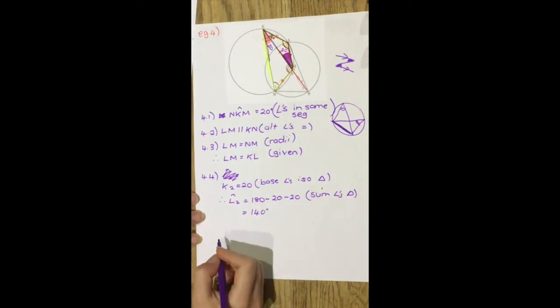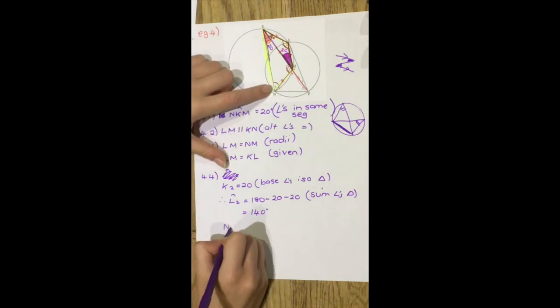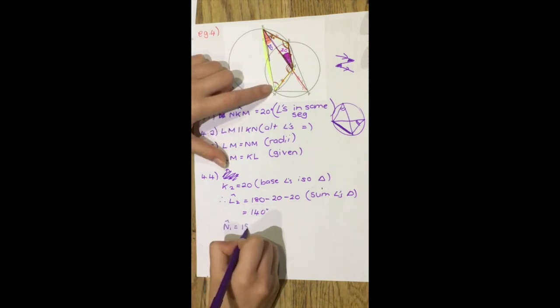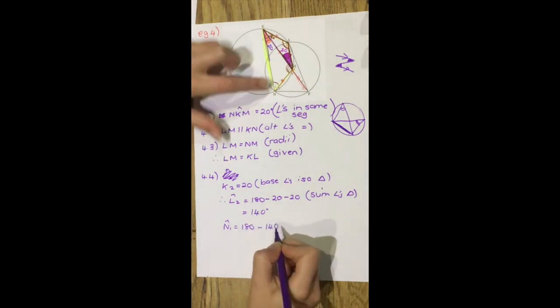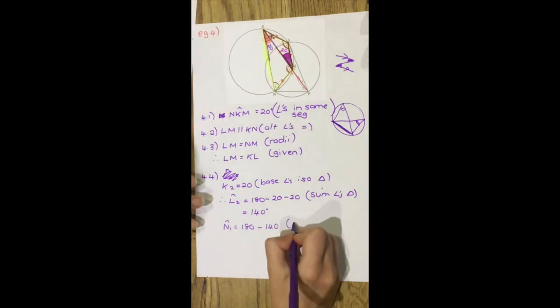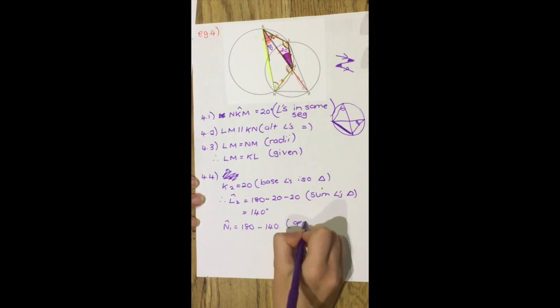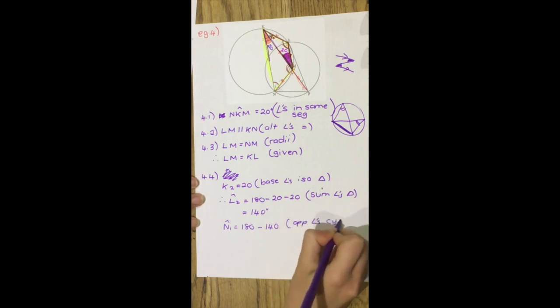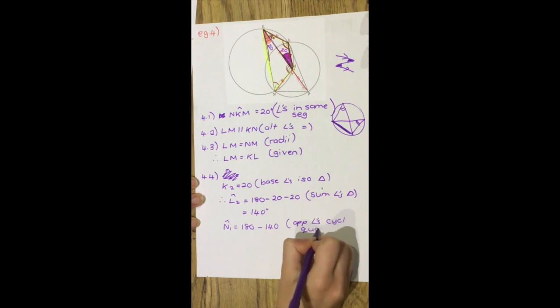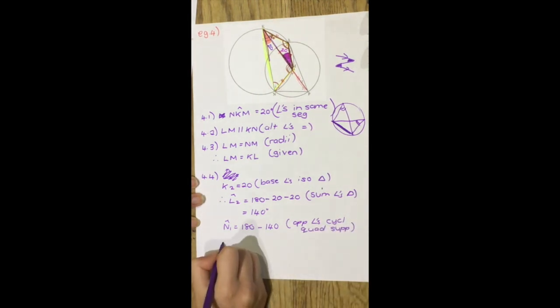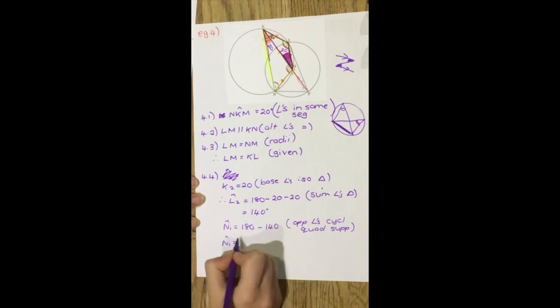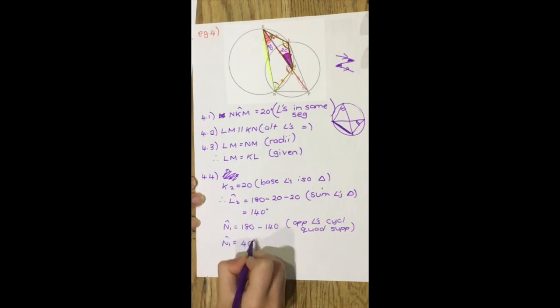All right, then lastly, to get angle N1, we can say it's 180 minus 140 because those two angles are supplementary. So you can say opposite angles of a cyclic quad are supplementary. So angle N1 is equal to 40 degrees.